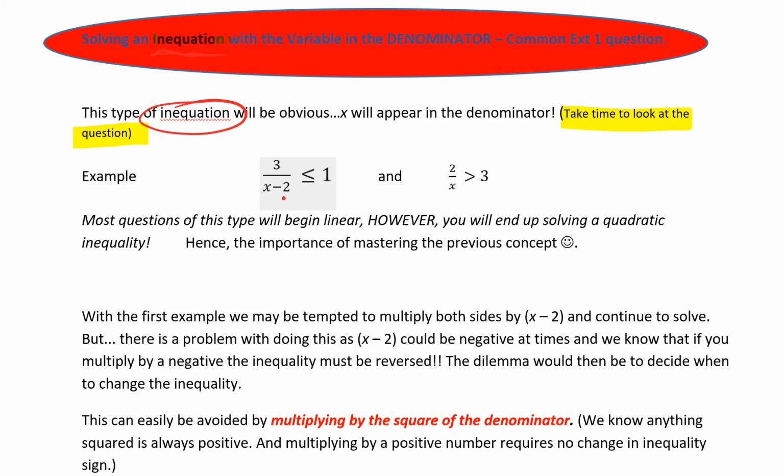And of course it will be the same variable. If it's x in the denominator, it'll be x in the numerator. You've seen x in the denominator before, but that was when you were solving an equation, and there was absolutely no problem with that.